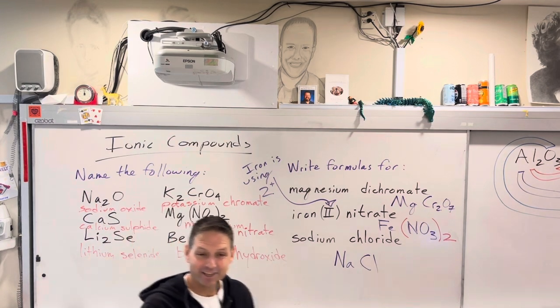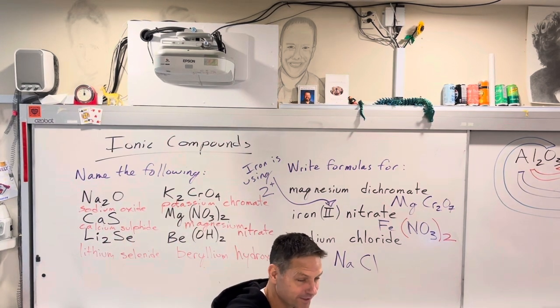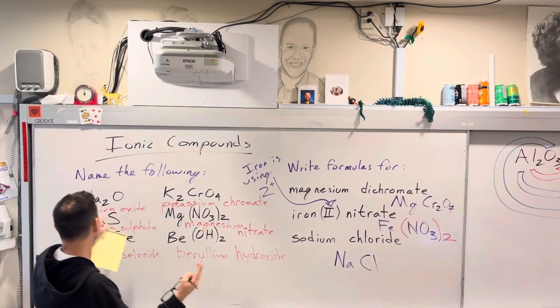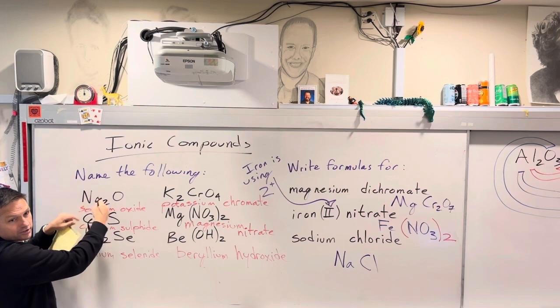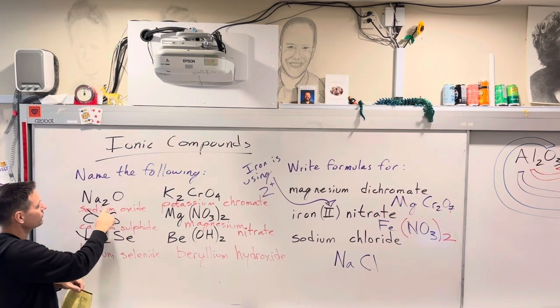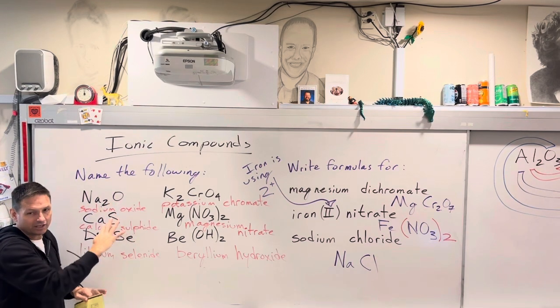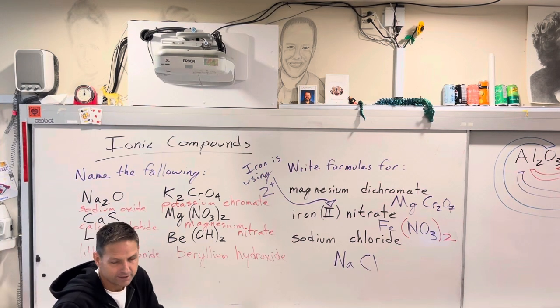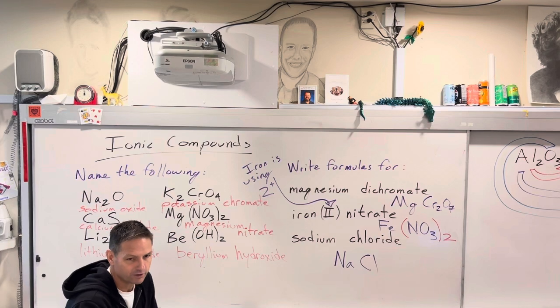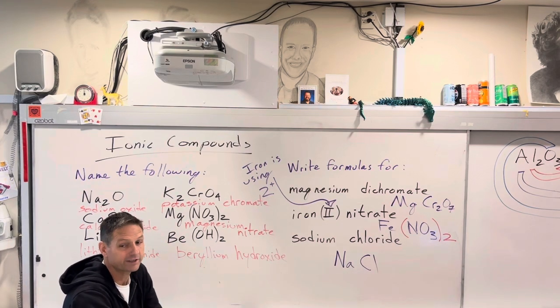Anyway, ionic compounds, if they only have two capital letters like this one does, they're both regular elements. And you just write the names of the elements. We don't worry about the numbers in an ionic formula. So there's no di, tri, tetra. That's all covalent compounds, which we'll learn next day.